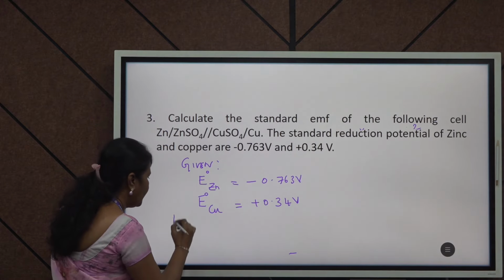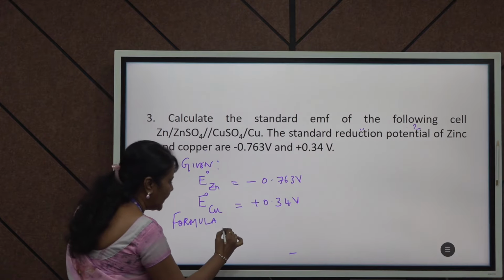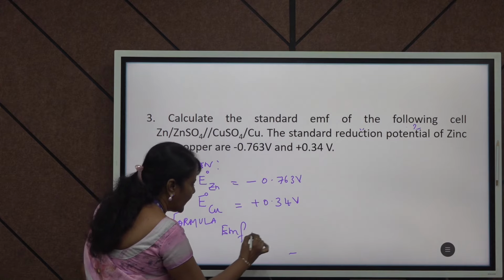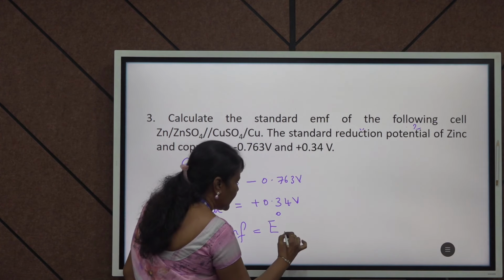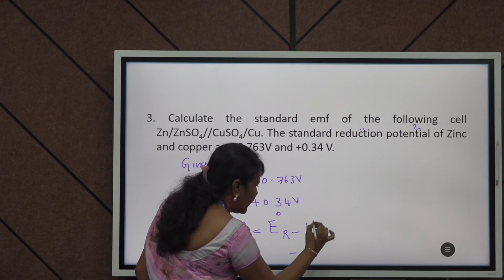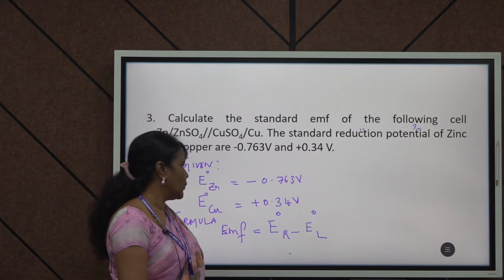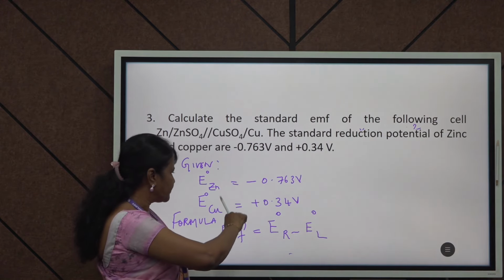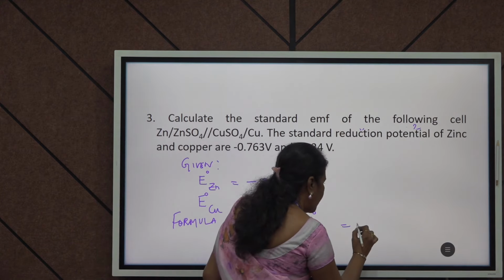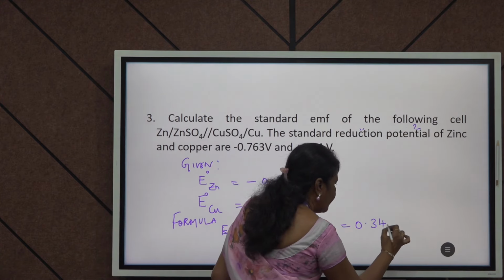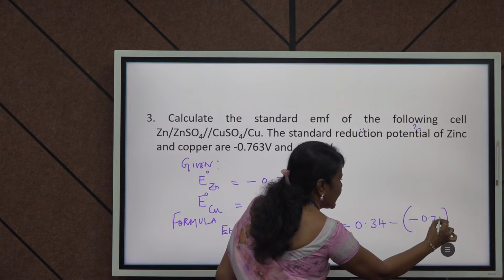Now we are going to find the EMF of this cell using the formula. EMF or E cell is equal to E naught right minus E naught left, or E naught cathode minus E naught anode. The right hand side electrode will be the cathode, so 0.34 minus of minus 0.763.